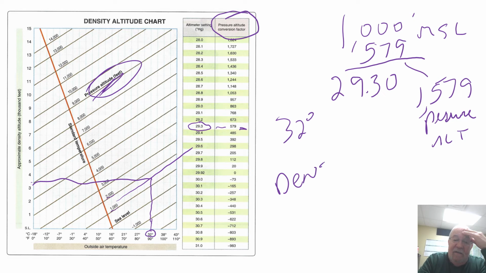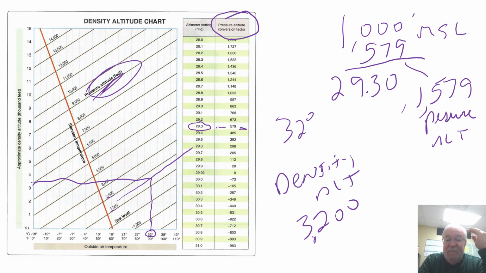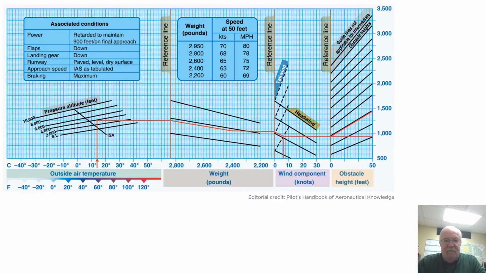Density altitude 3,200 feet. Big difference. From 1,500 feet, it's pretty much double. That's pretty high. You're going to have a hard time. You need that number, 3,200 feet, in order to go through the performance charts in many aircraft, but not all.